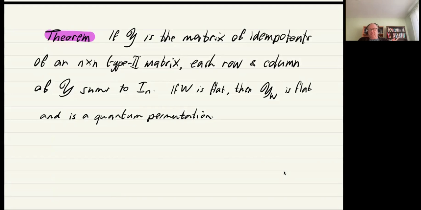Now it's got a special form, and we'll see more about that as we go. But each flat unitary determines a quantum permutation. And in a sense, we're in an unusual problem where instead of saying, here's a graph, what are some quantum automorphisms, we've got a quantum permutation, and we ask, what is it an automorphism of?